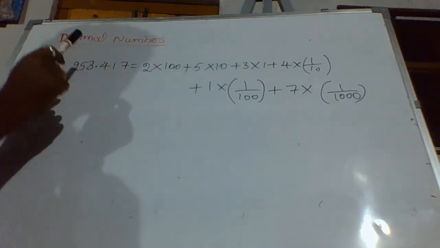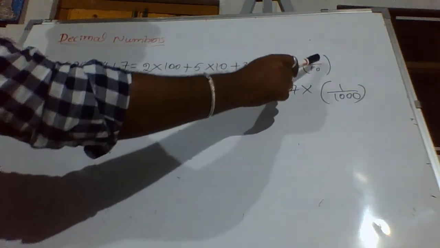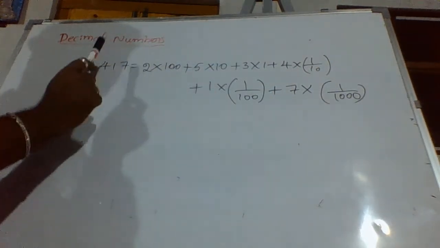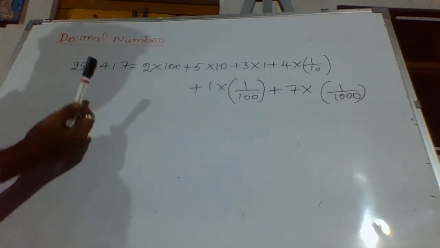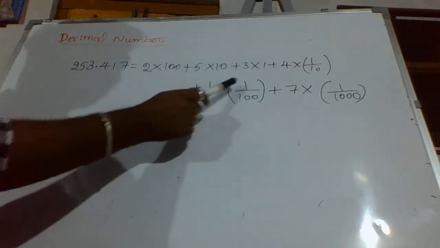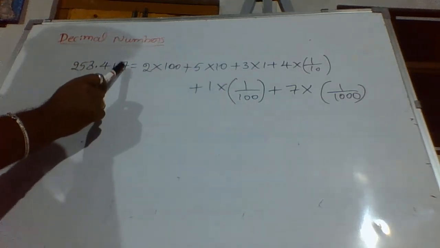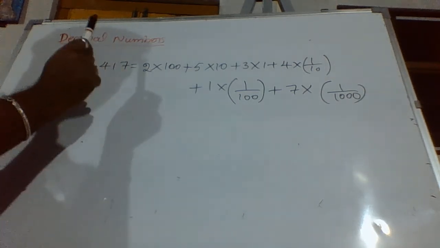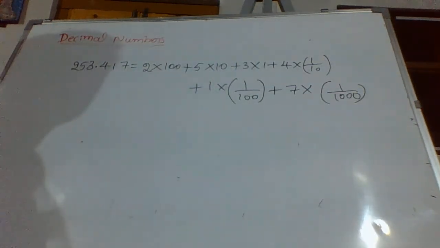This 4 is at the tenths position, meaning the 1 by 10 position. Therefore 4 into 1 by 10. Next one is 1. So plus 1 into 1 by 100, because this 1 is at the hundredths position. Next, plus 7, the next number is 7. This is at the thousandths position, meaning the 1 by 1000 position, therefore 7 into 1 by 1000. This is how to expand a decimal number.